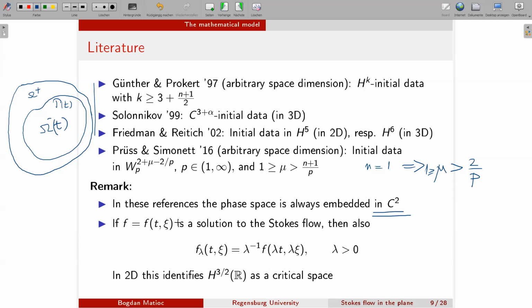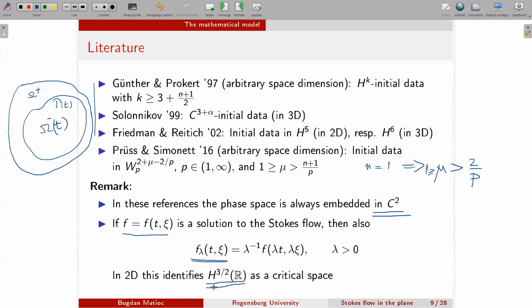But with respect to the quasi-stationary Stokes flow, if F is a solution, then also the following rescaled function F_lambda, defined by this formula, is a solution for each positive lambda. And this scaling invariance identifies in 2D, so in our setting, the space H^(3½) of R as a critical space.